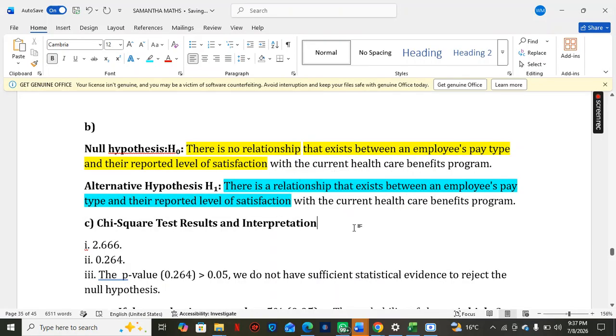So always remember for a chi-square test, that's going to be the case all the time. Your null hypothesis, you're going to assume there is no relationship. Your alternative hypothesis, you're going to assume that there is actually a relationship. Any questions on that, colleagues?